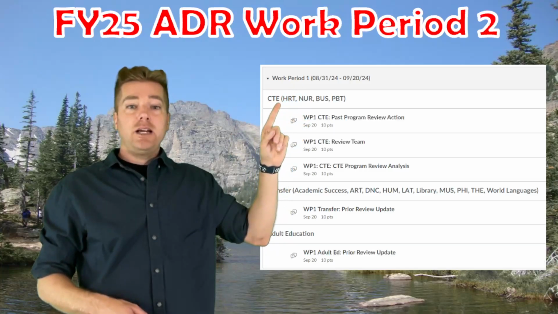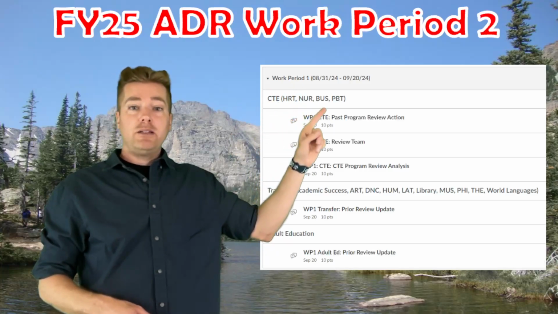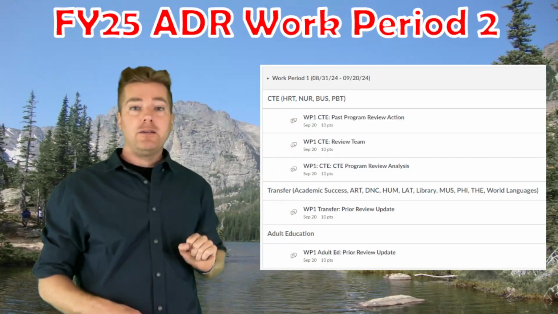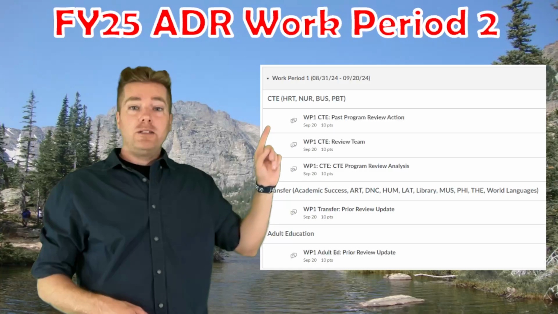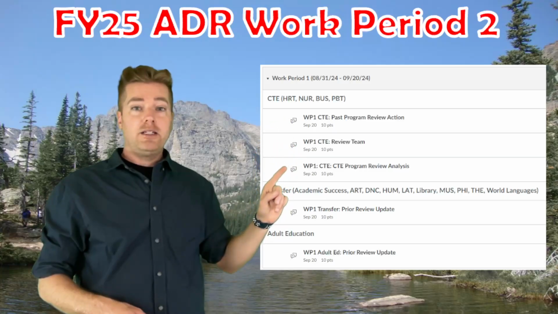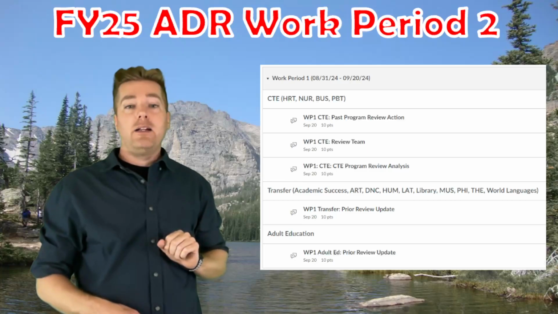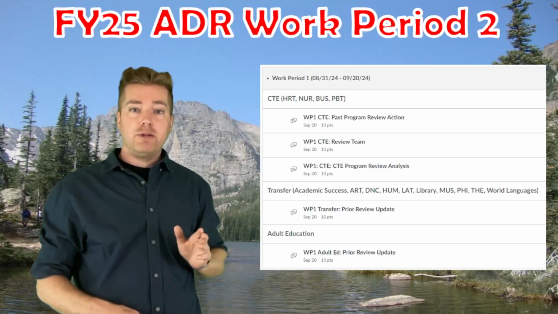You will see that the programs are split up and listed by type, CTE, transfer, or adult ed. You will then have to go into, for CTE, the 3 different discussion boards or the 1 discussion board for transfer and adult ed to make your replies.